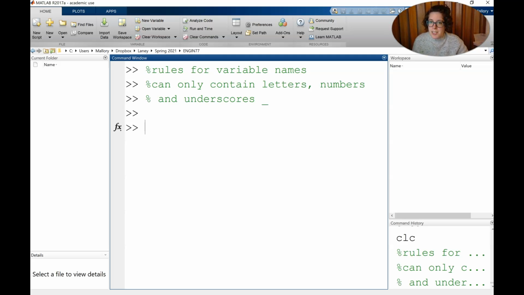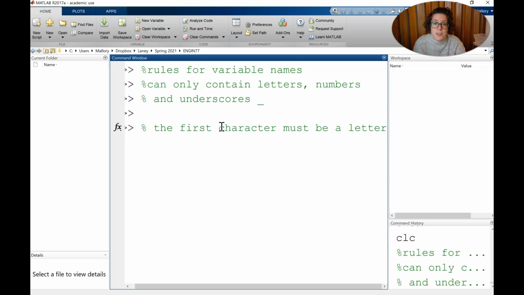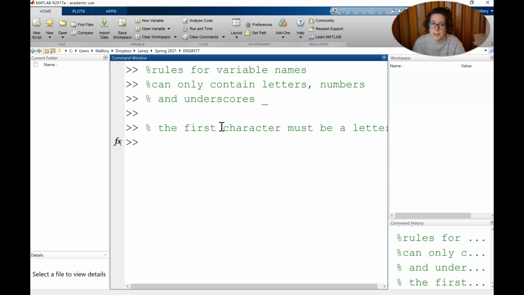So no exclamation points, no question marks, only letters, numbers, and underscores. Another rule is that the first character must be a letter. So we cannot start our variable name with an underscore or a number. We must have a letter to start our variable name.